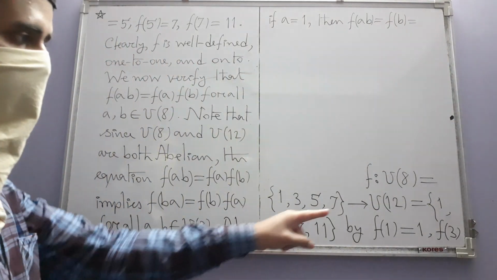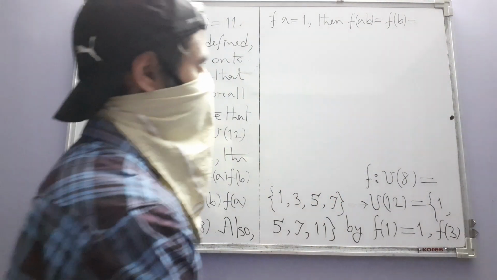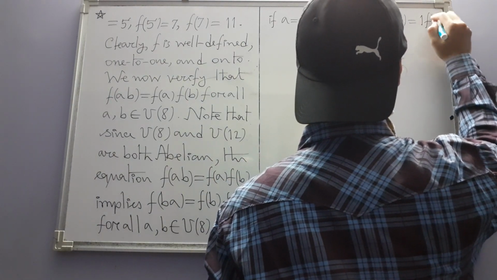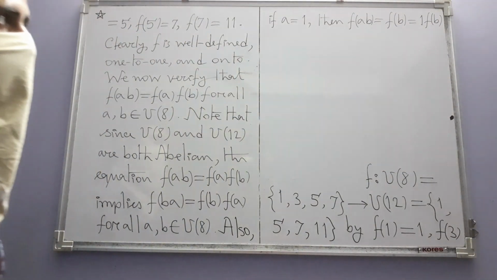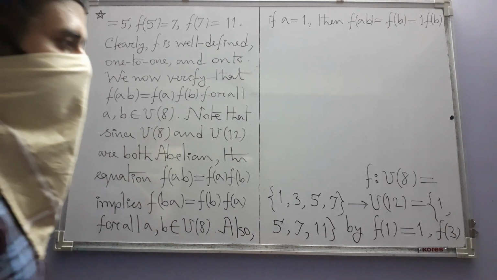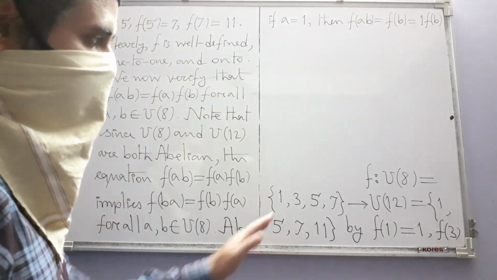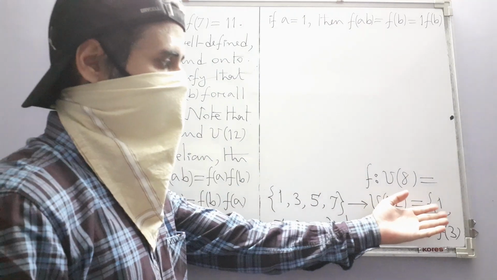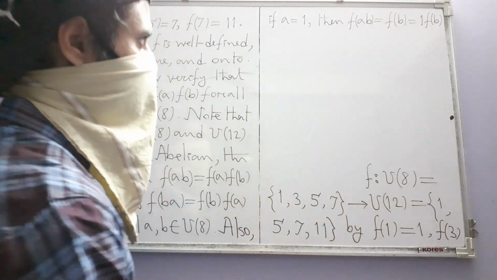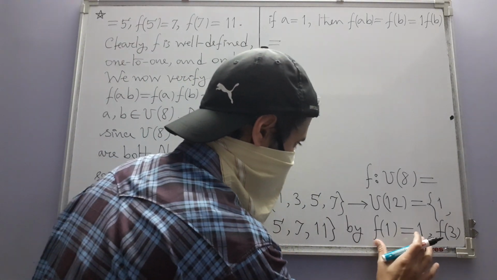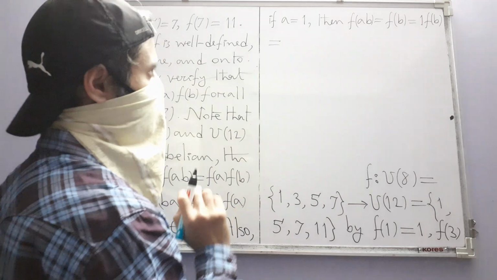But now in the group U12, you can write in place of f of B, 1 times f of B, because just like this one is the identity element of U8, we also have the identity element of U12. Because of the definition of our function, f of 1 is equal to 1.